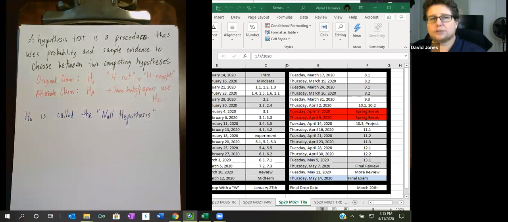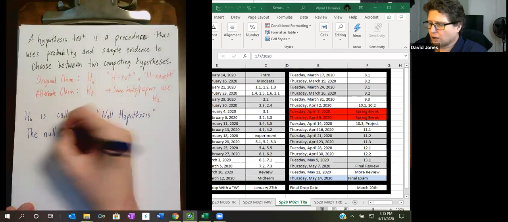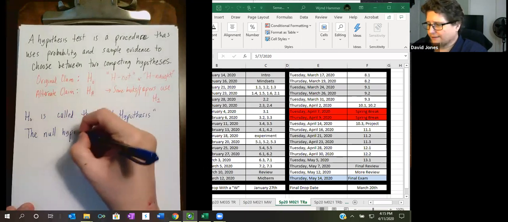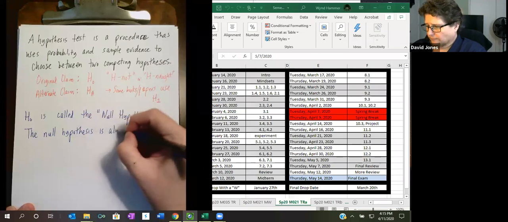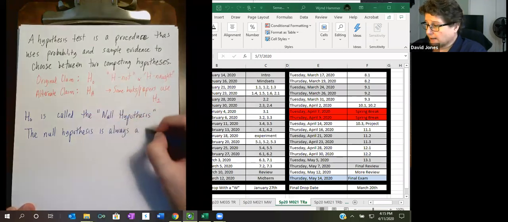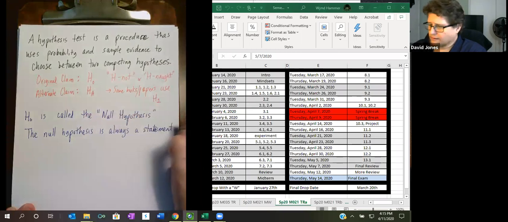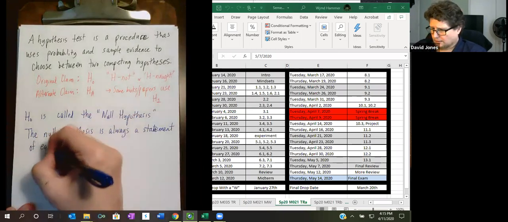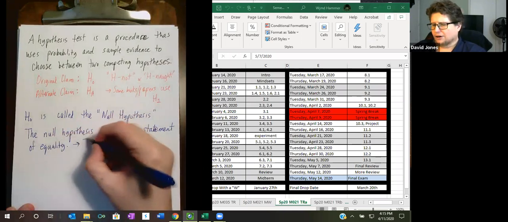They are interchangeable. The null hypothesis is always, always, always a statement of equality. What does that mean? There's an equal sign.